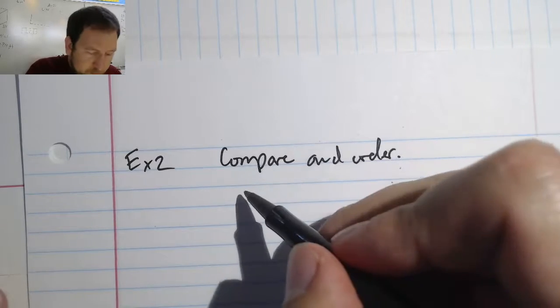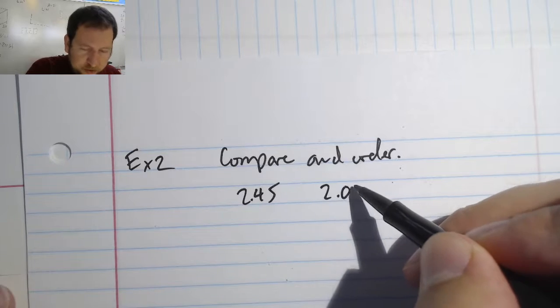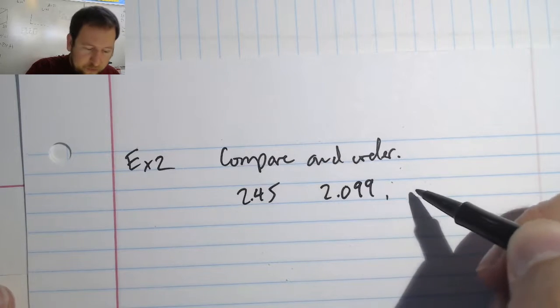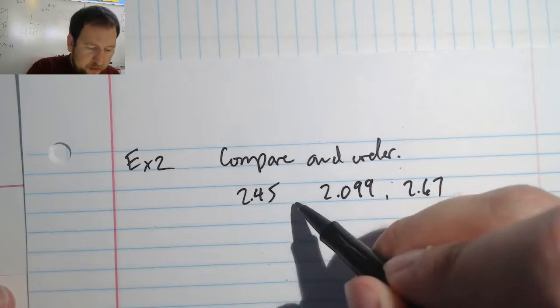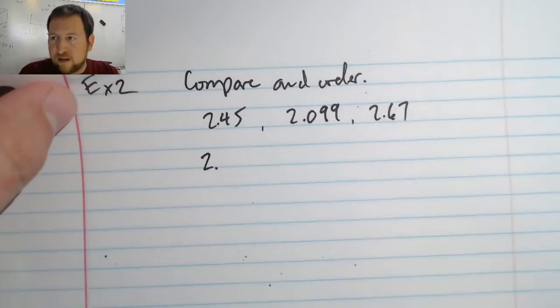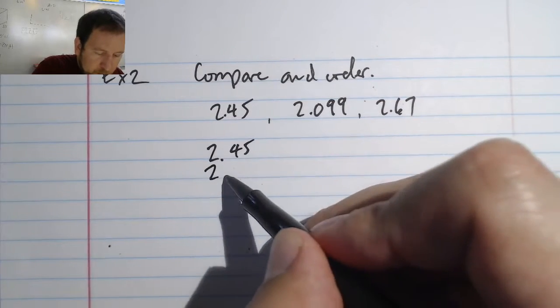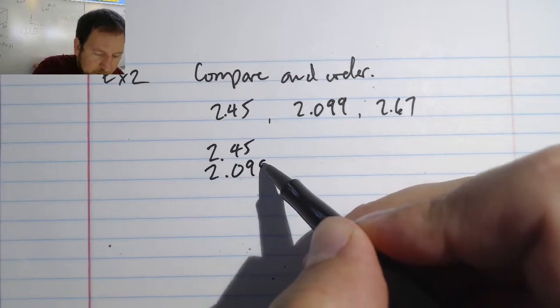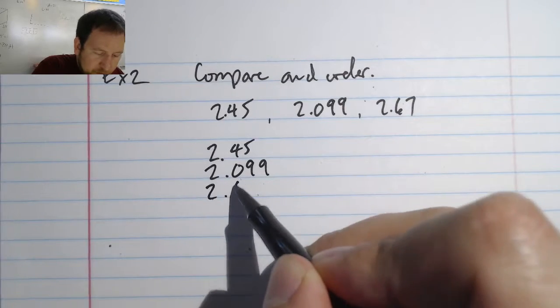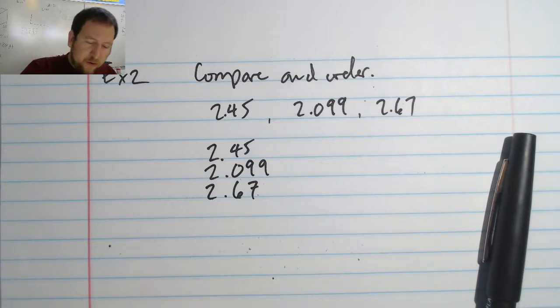We have 2.45, 2.099, and 2.67. Okay, I'm going to write them all with my decimal points lined up. That's the easiest way for me to compare them. 2.45, 2.099, and 2.67.